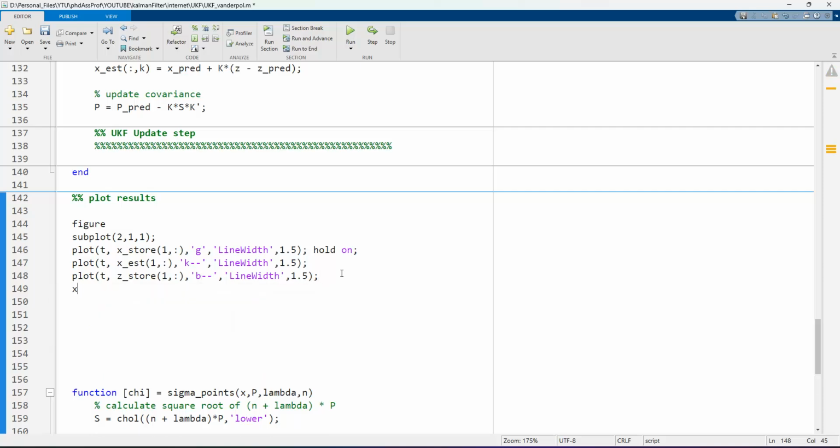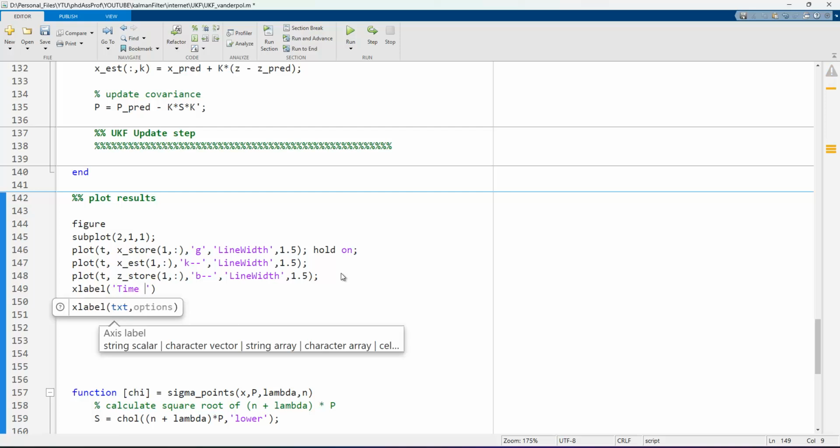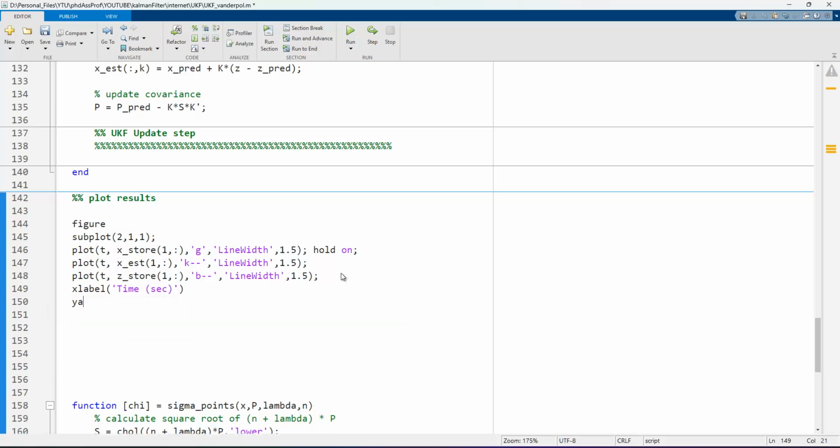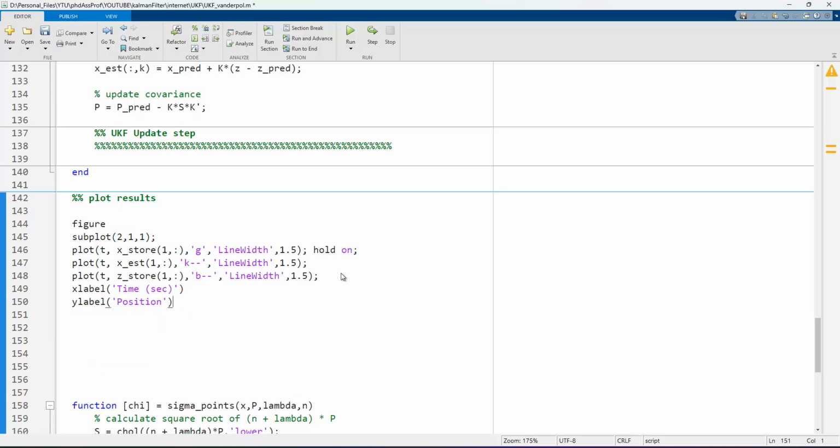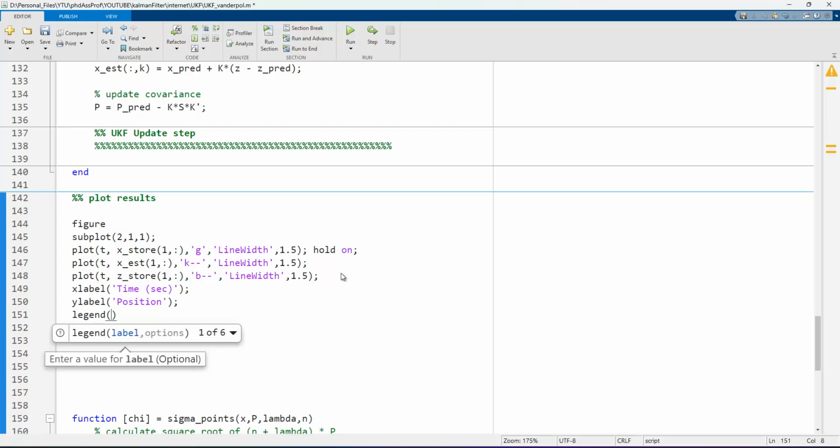For example, the k, or estimation is the k, this is the blue. Okay. Next, xlabel time sec, ylabel position, and after all we need to give the legend value: the true position, estimated position, and the measured position.